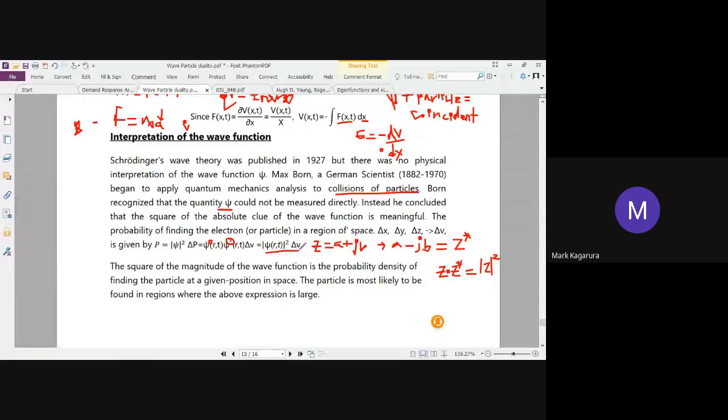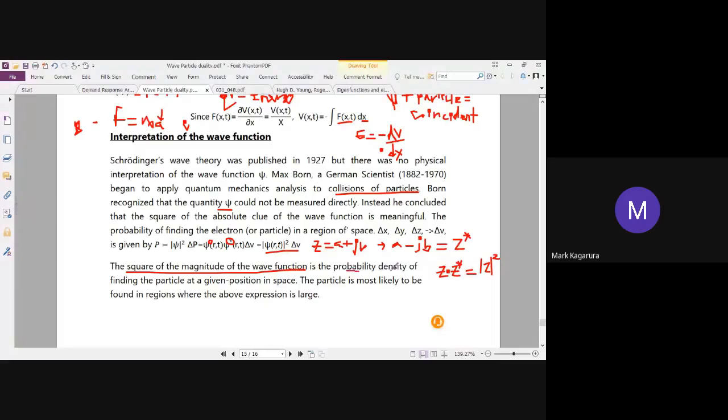Sometimes you just say the square of the magnitude, but really the square times the volume element of the total distance coordinate gives us what? The probability density of finding the particle. Okay, you're right. The square gives the probability density.